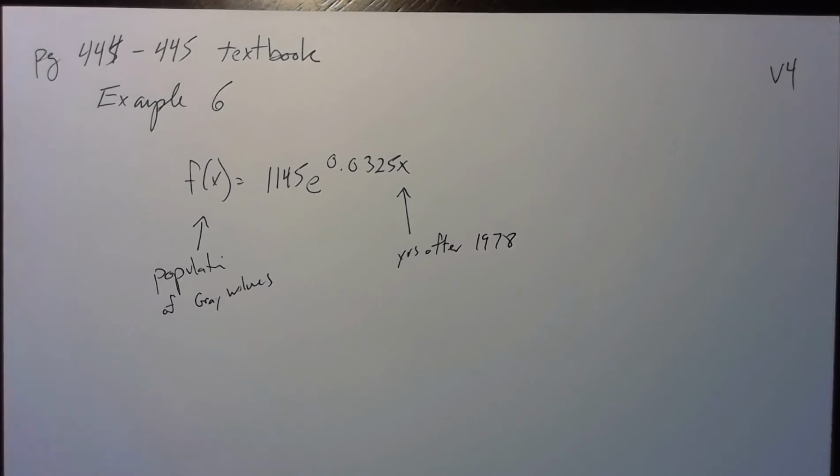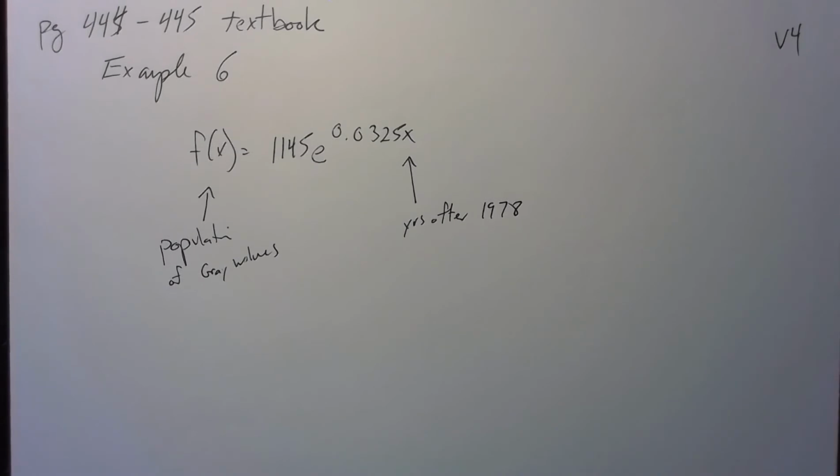So the question specifically states, on page 445 now, according to the model, what was the gray wolf population, rounded to the nearest whole number, of the Western Great Lakes in 2014. What's important about the way you read these questions is to be really careful about how they're identifying information, as well as how they're asking.